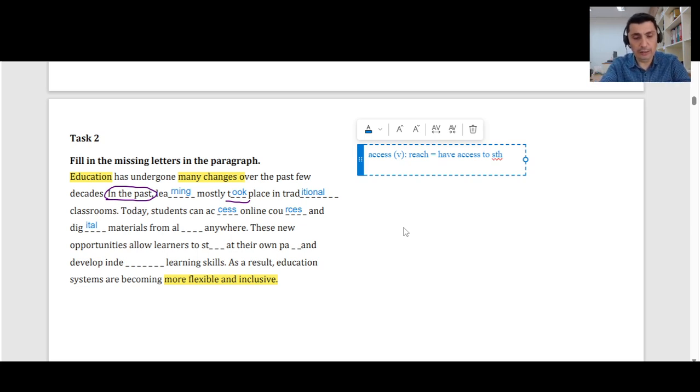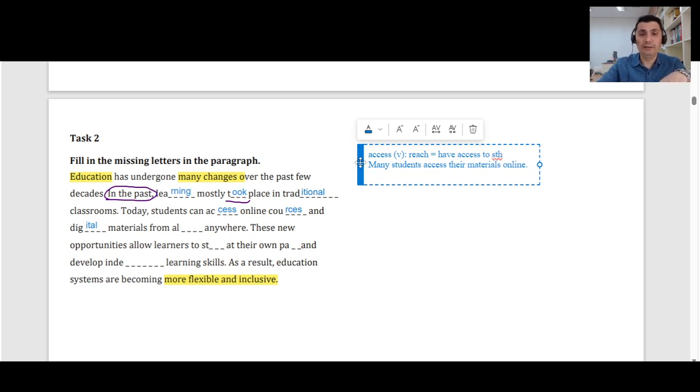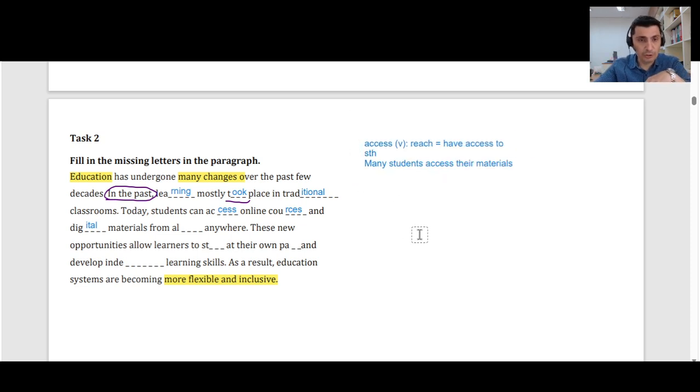So, many students access their materials online these days or have access to their materials online these days. These are very common uses, all right? So, students can access online courses and digital materials from anywhere, from almost anywhere would be the answer.